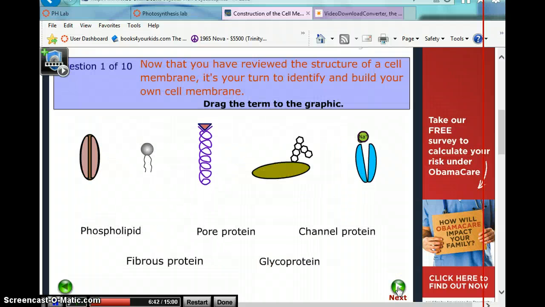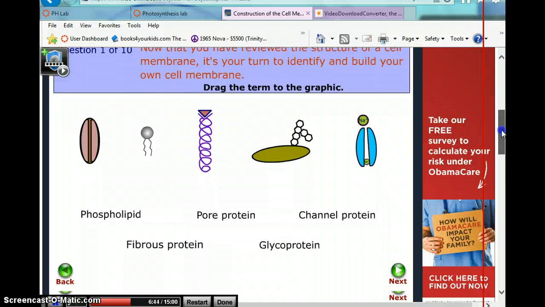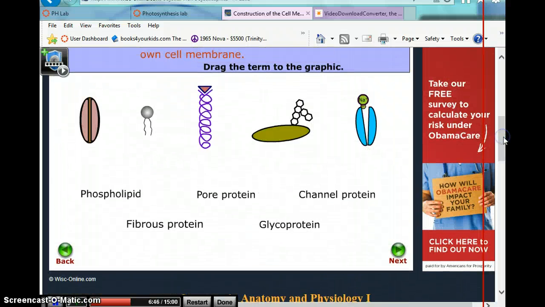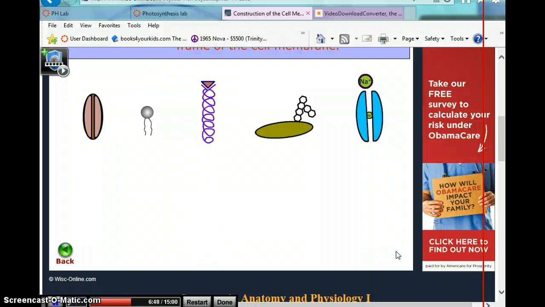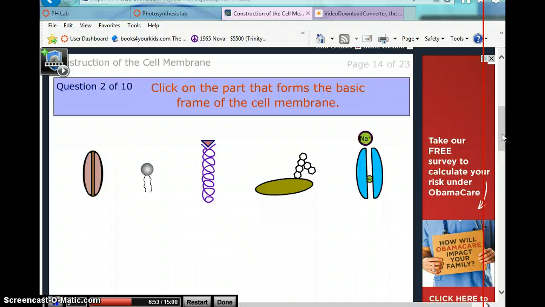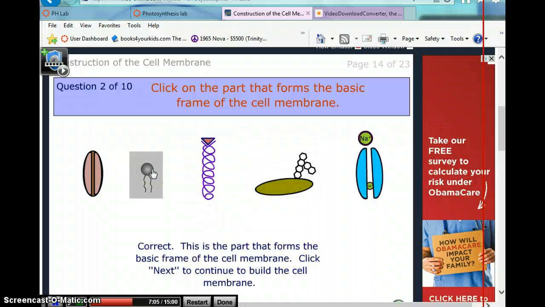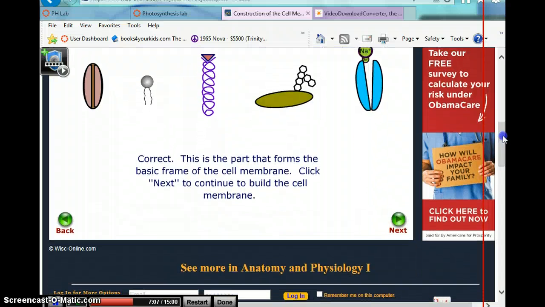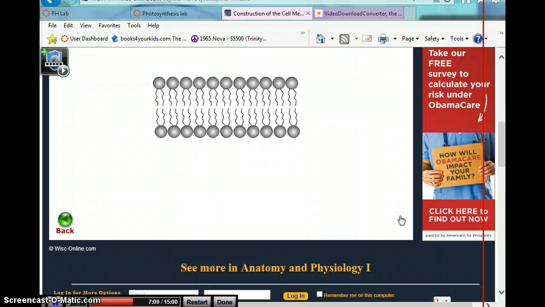All right. So now we're going to put the cell membrane together in the next page. Who can click on the part that forms the frame? Click on it. Correct.